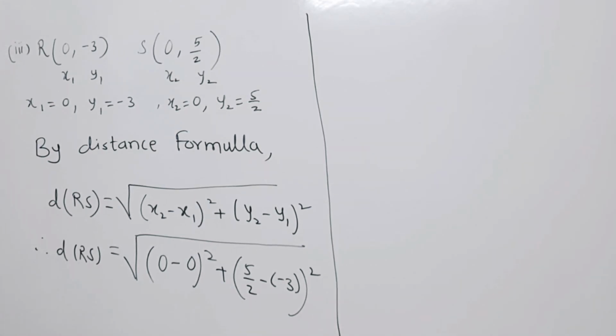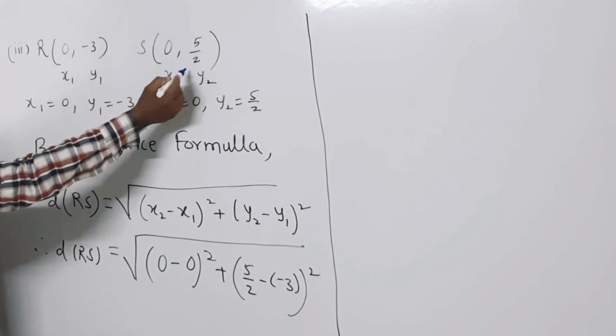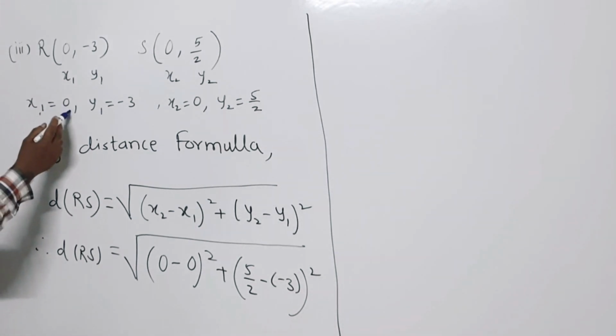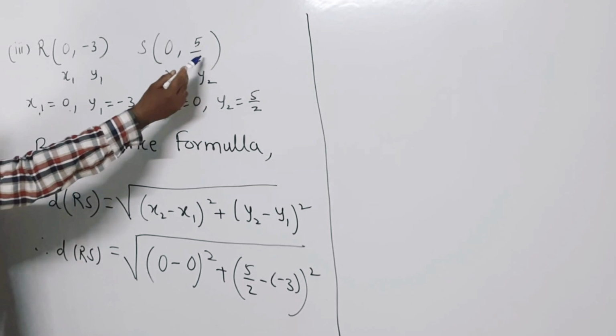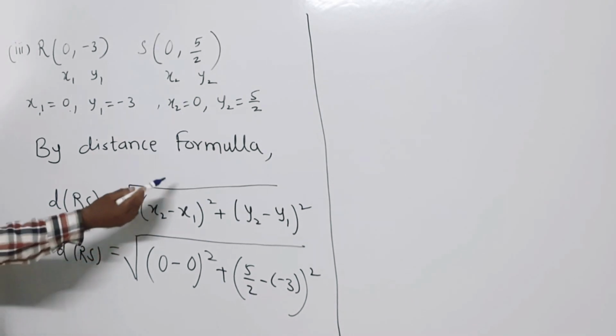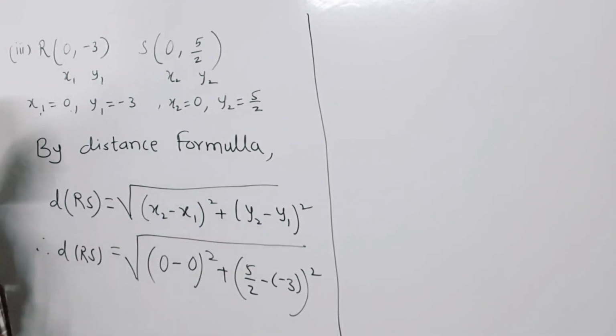Third example, R(0, minus 3) as (x1, y1) and S(0, 5.4) as (x2, y2). So x1 is equal to 0, y1 is equal to minus 3, x2 is equal to 0 and y2 is equal to 5.4. So by distance formula, distance RS is equal to square root of (x2 minus x1) square plus (y2 minus y1) square.